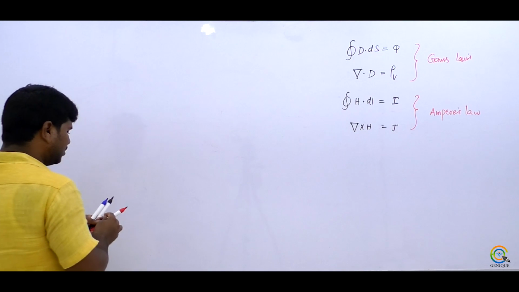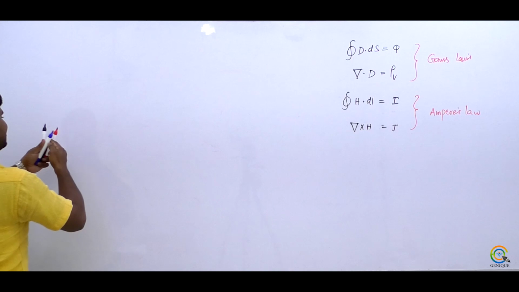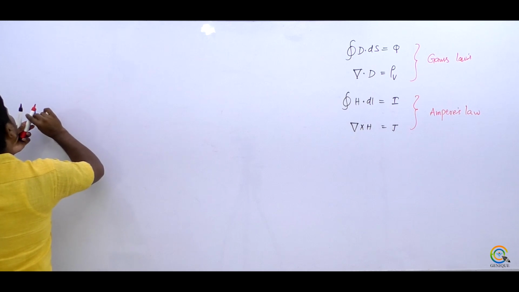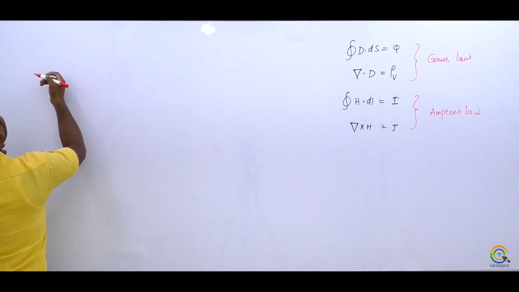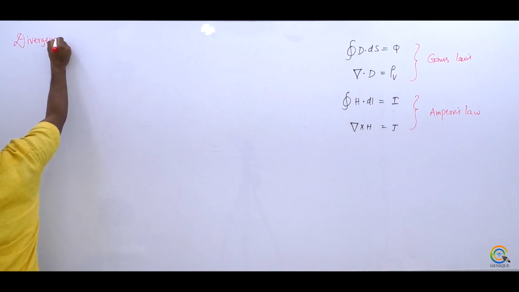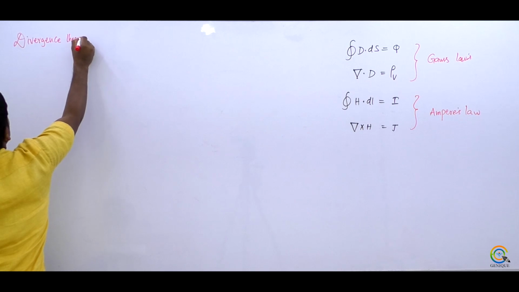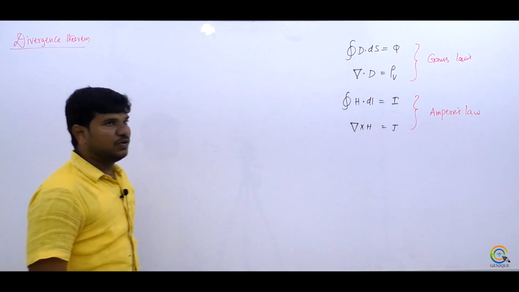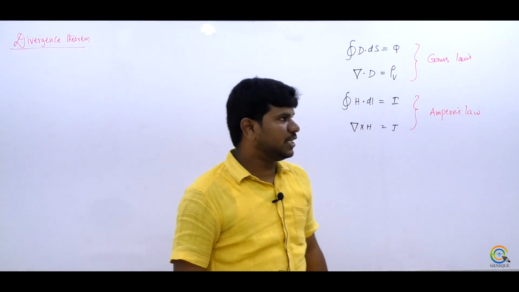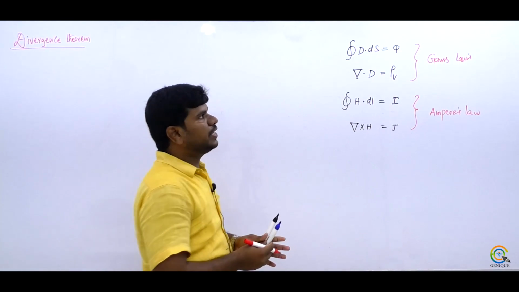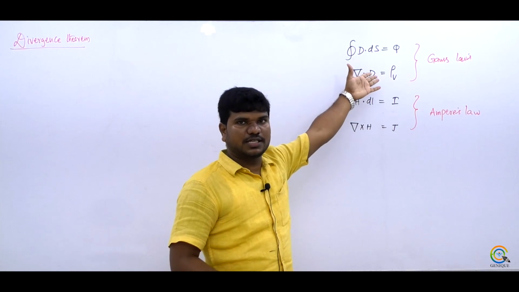Now come to the divergence and Stokes theorems. So what is the divergence theorem? The Gauss divergence theorem. By using this, we will define the divergence and Stokes theorem according to the mathematics only, but we will include the electric and magnetic flux terms here.